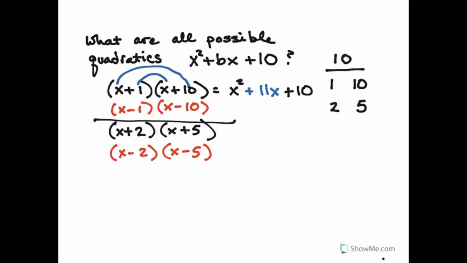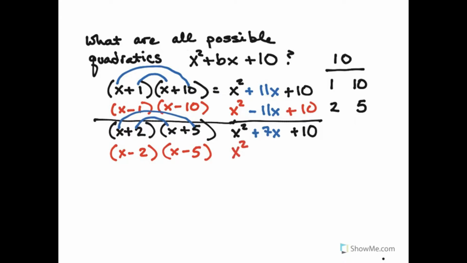With the negatives, I'll have x squared plus 10, but the middle term will be minus 11x. Again, if I multiply x plus 2 times x plus 5, the first term is x squared and the last term is 10. The middle term is 2 times x plus 5 times x, or plus 7x. The negative version will have x squared plus 10, but a minus 7x in the middle.